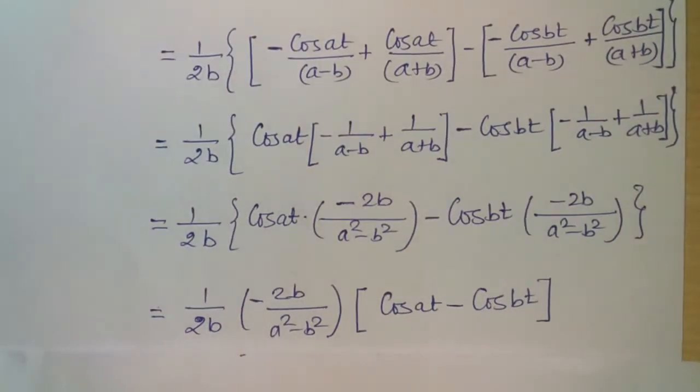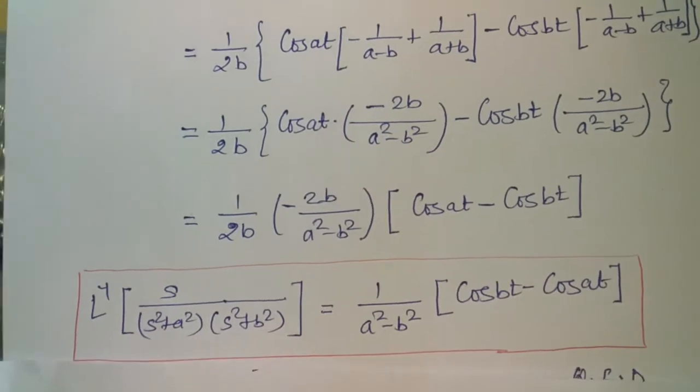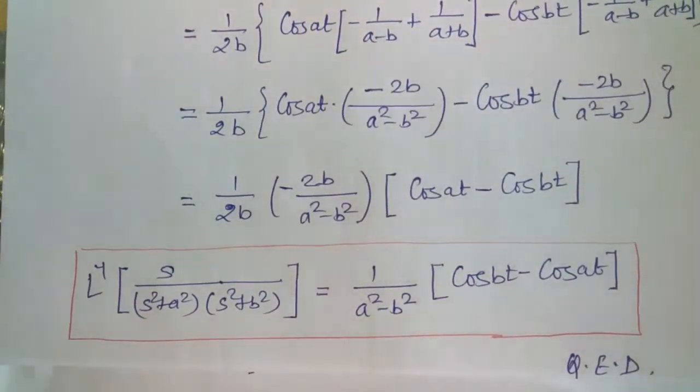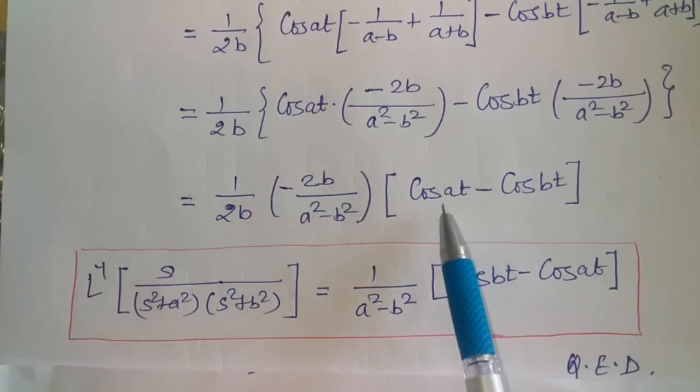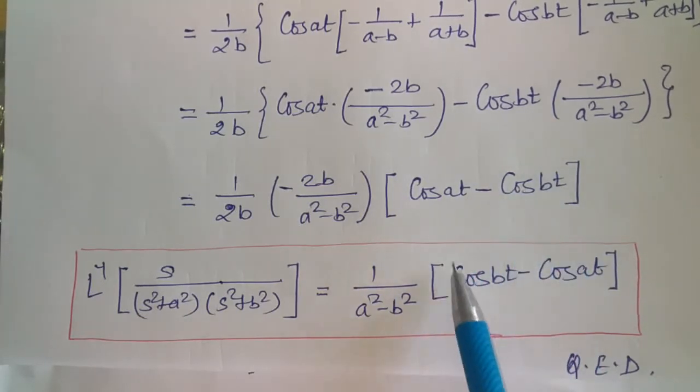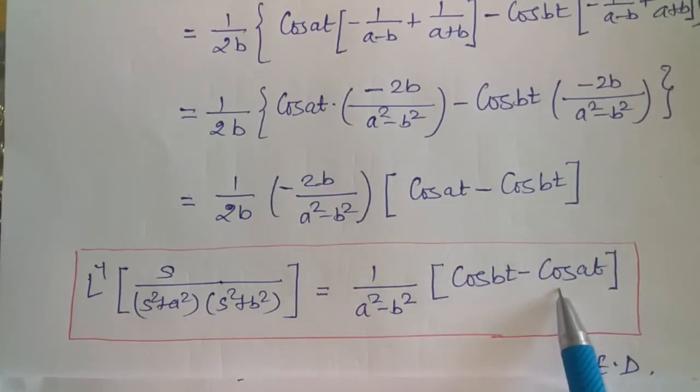Then finally we get the inverse Laplace transform of s upon (s square plus a square) into (s square plus b square) is 1 upon a square minus b square, 2b cancel, and we multiply this negative sign inside this bracket, we get cos bt minus cos at.